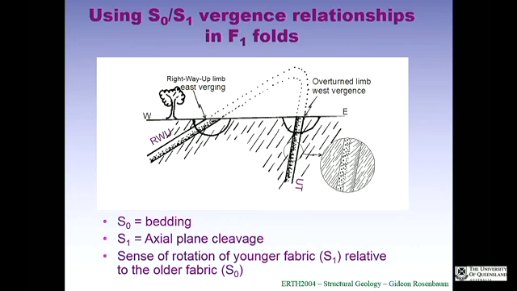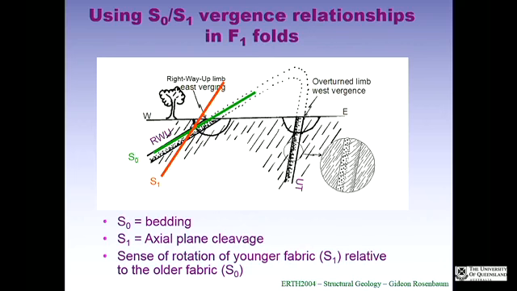And the important thing is that in the field we can go and ask ourselves, of course we can talk about younging, but we can also look at the structural relationships between bedding and cleavage. We look in outcrop 1, and we see that the cleavage is steeper than bedding. We know that we are in a right way up limb, and we can take the cleavage when we face the fold down the plunge, and we need to be consistent with that.